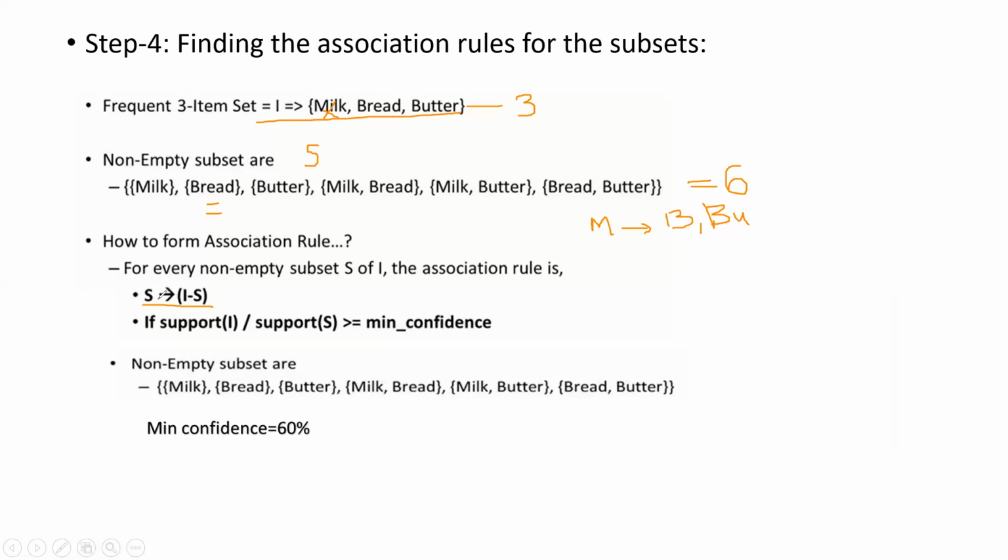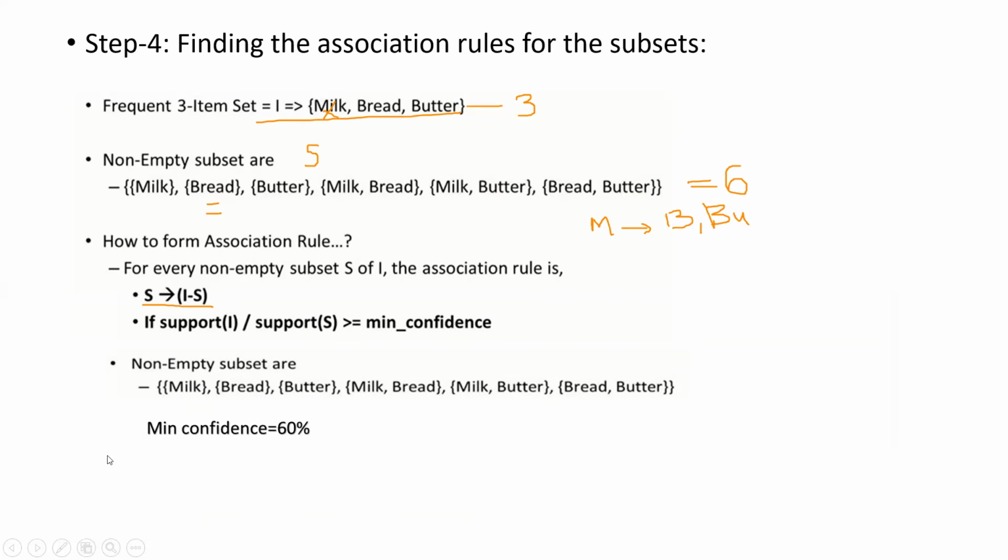So instead of S, I will write milk and bread tends to, from the I removing milk and bread, what is the answer? Butter. So rule number 4 is milk, bread to butter. Next, rule number 5, milk, butter to bread. Rule number 6, bread, butter to milk. Like that, 6 rules we will get.